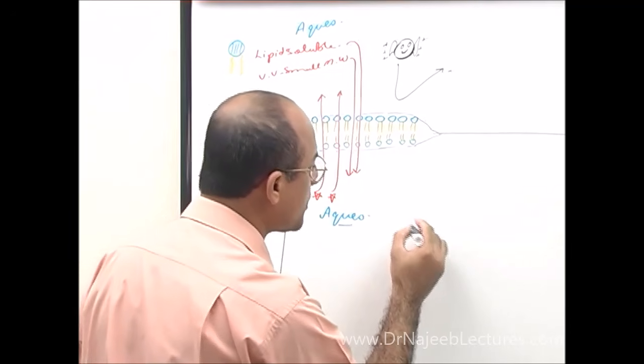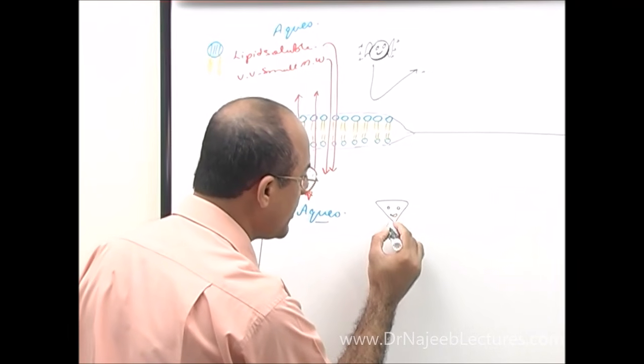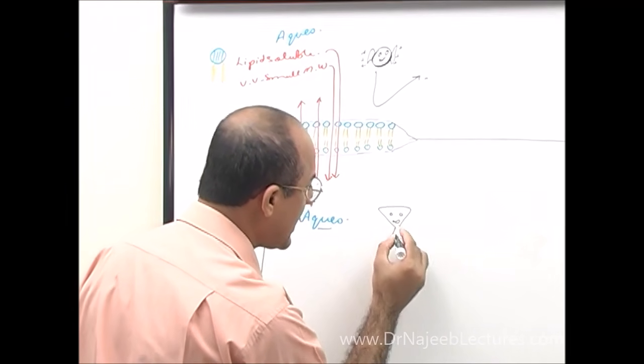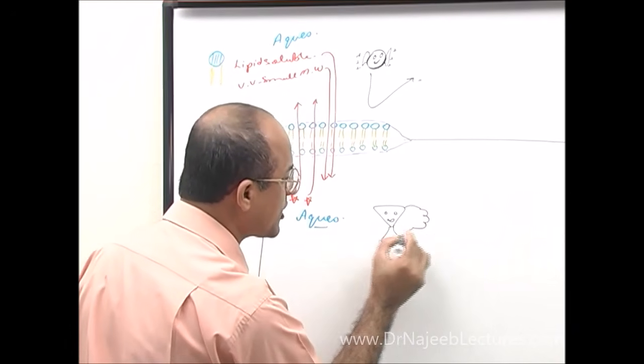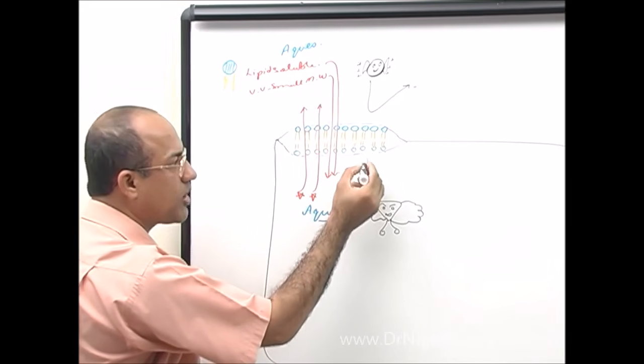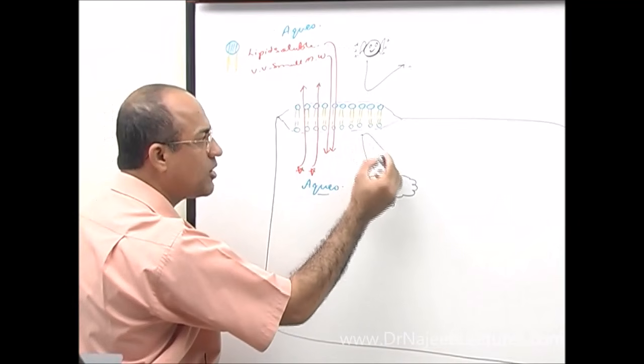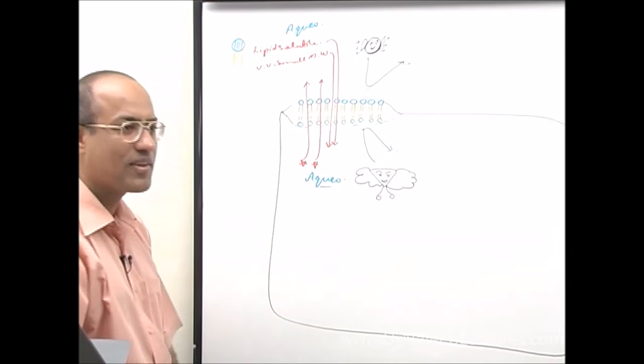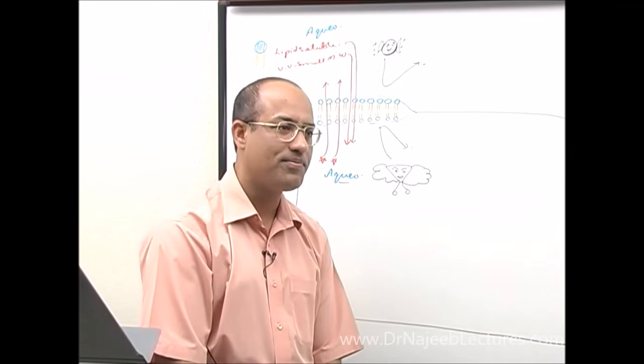In the same way, let's suppose this is another compound, and this is a very, very large compound. If it's a very large compound, can it dissolve into lipid? No. And can it go out? No. What does it mean then?